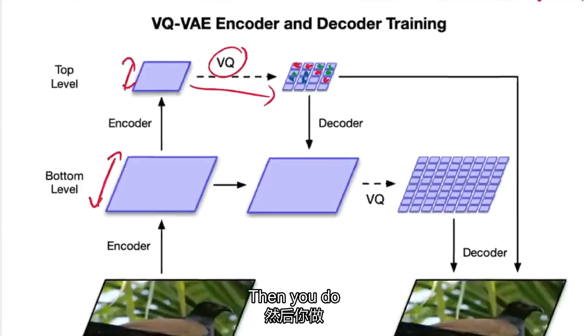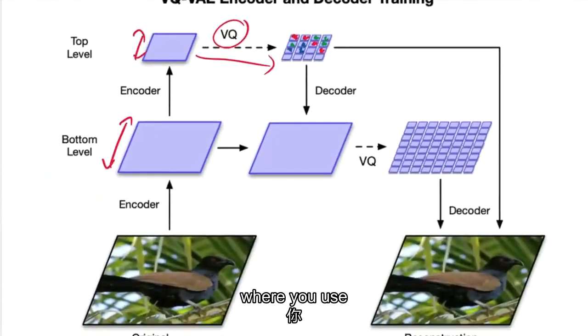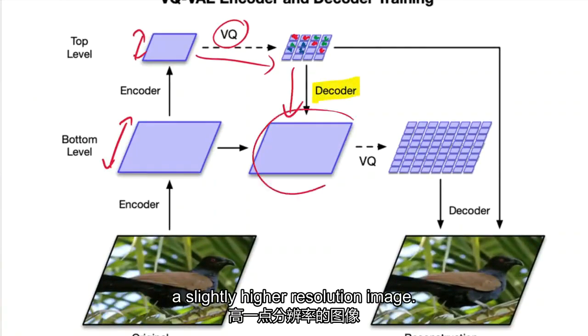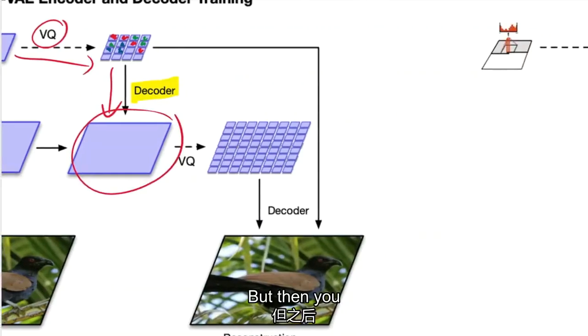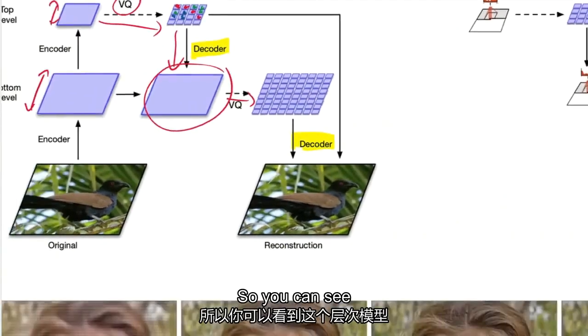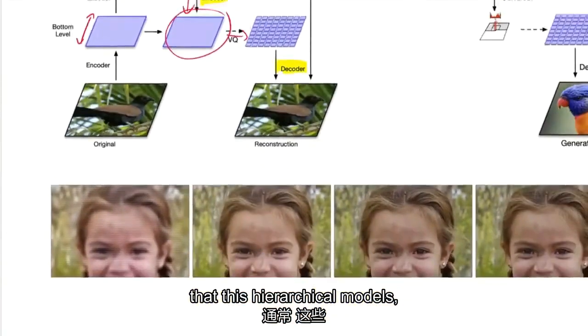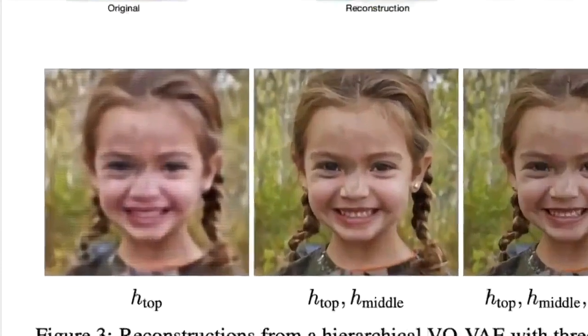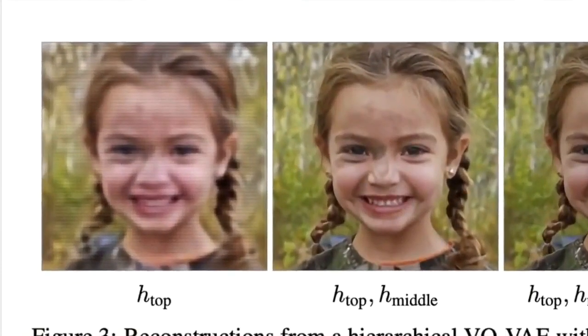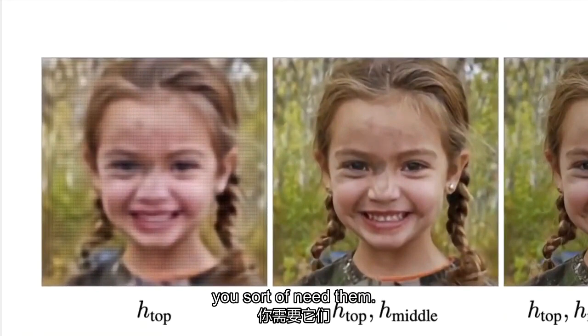And then you do this sort of hierarchical thing where you use a decoder on this level to produce a slightly higher resolution image, but then you quantize again and you use a decoder at the next level to produce an even higher resolution image. So usually these hierarchical models, if you want good high resolution images, you sort of need them.